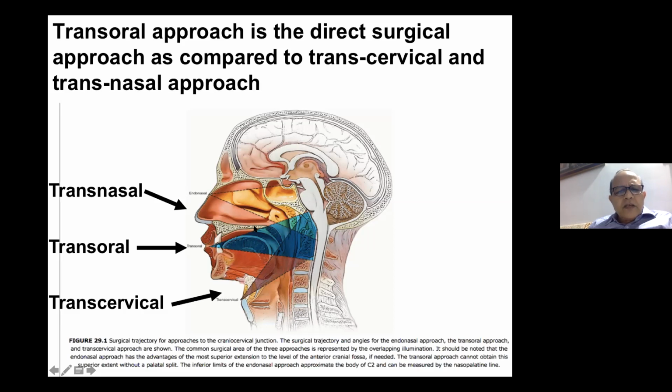If the lesion extends beyond 1 centimeter superior to the hard palate, then you require a transnasal approach. If the lesion is below the hard palate, about 1 to 2 centimeters, then you require a transoral.